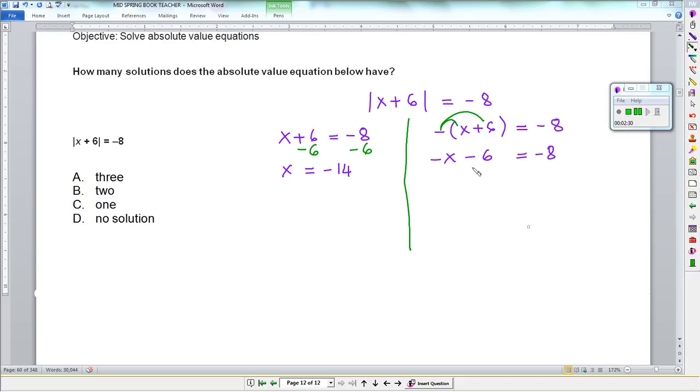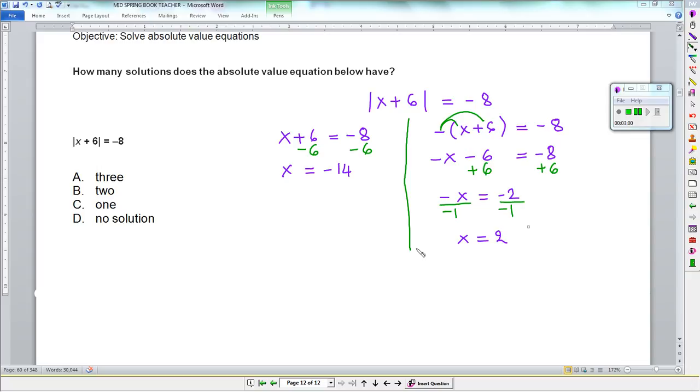Next, we cancel negative 6 by adding 6 to the left side and to the right side. So now we have negative x equals negative 2. Now we want to isolate x, so we divide both sides by negative 1, and we are left with x equals 2.